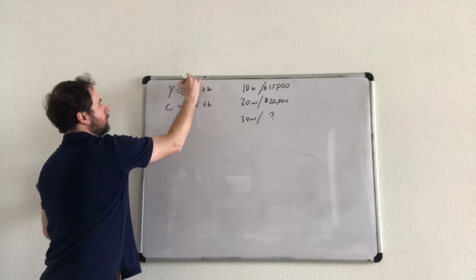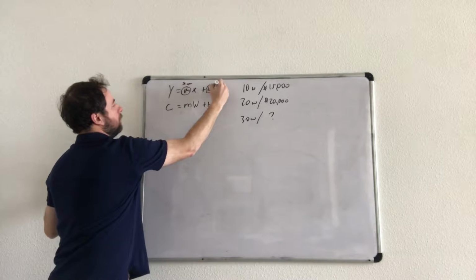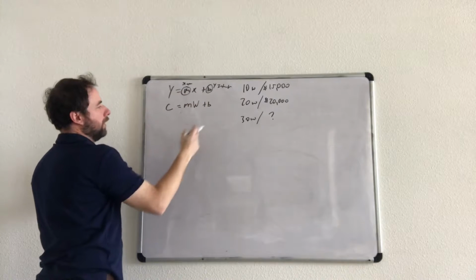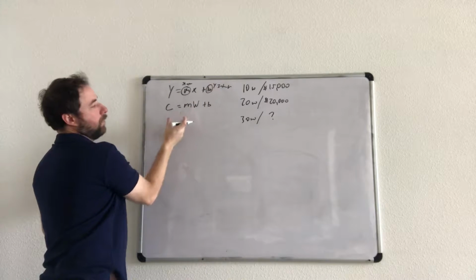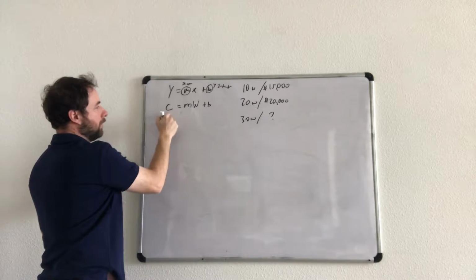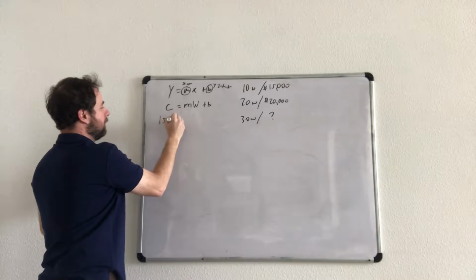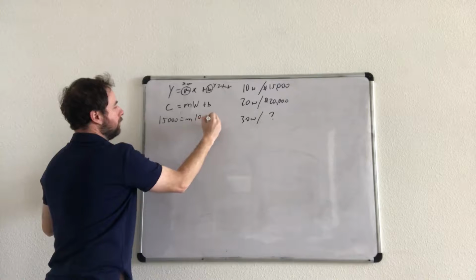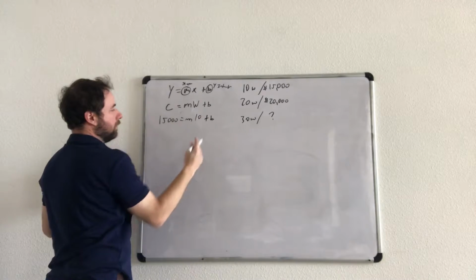Remember, m was the slope, and b was the y-intercept, and you plugged in x and y for that. Well, we know x and y, or c and w. We know that it costs us $15,000 to hire 10 employees, and that was what they gave us in this particular problem.